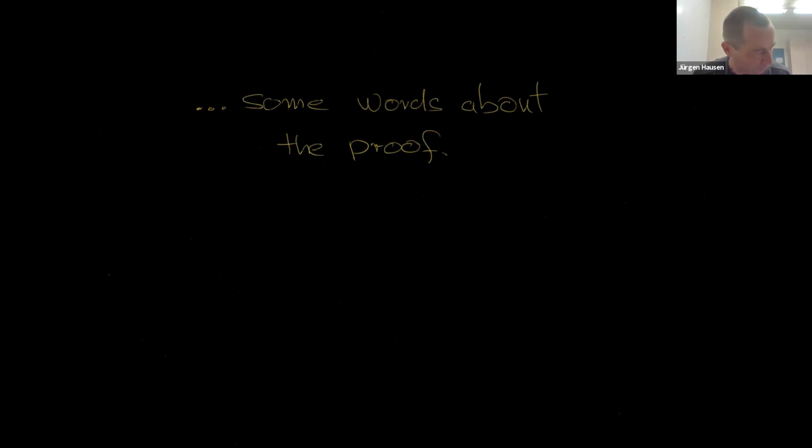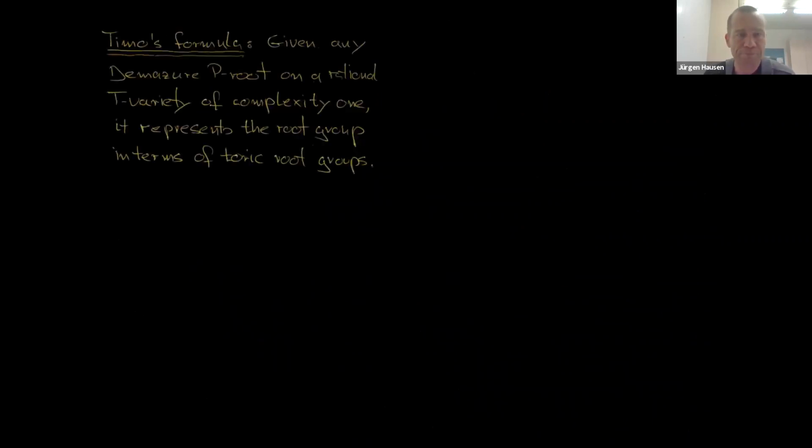Let me slowly come to an end by giving some words about the proof. The most important ingredient is Timo's formula he found. As we have seen in the example, this holds in complete generality for torus actions of complexity 1, on rational T-varieties of complexity 1, even in arbitrary dimensions. It's not specific to the surface case.